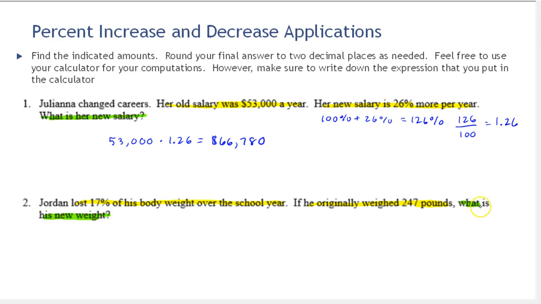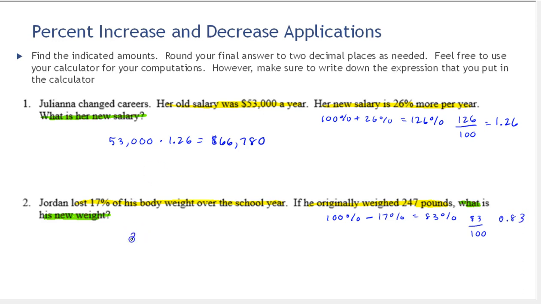We're asked what his new weight is, and his new weight will be 100% of his old weight minus the 17% he lost, which is 83% of his old weight. As a fraction, that's 83 over 100, or 0.83. So this is our multiplicative factor.